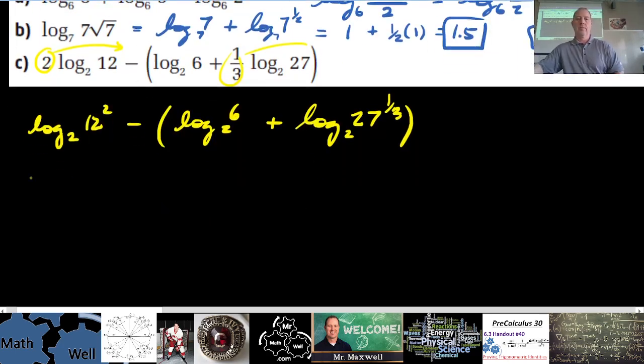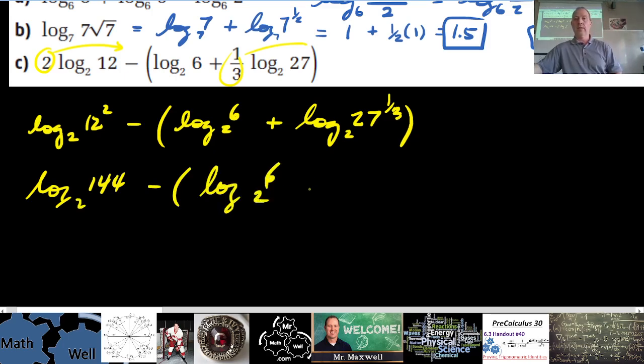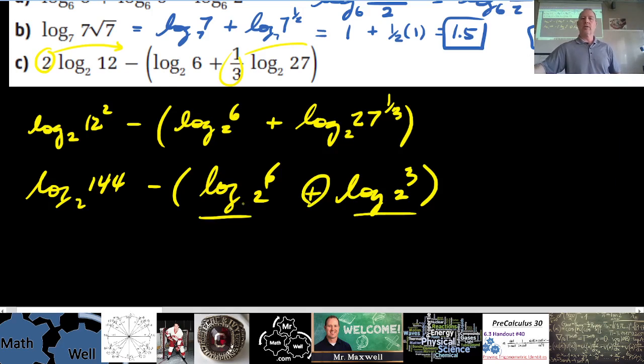So I've got log of, I'll just go 144 here. This is log of 6 base 2 plus, so cube root of 27 is 3, log of 3 base 2. So now I look at this and I say, okay, I'm adding 2 logs with the same base.